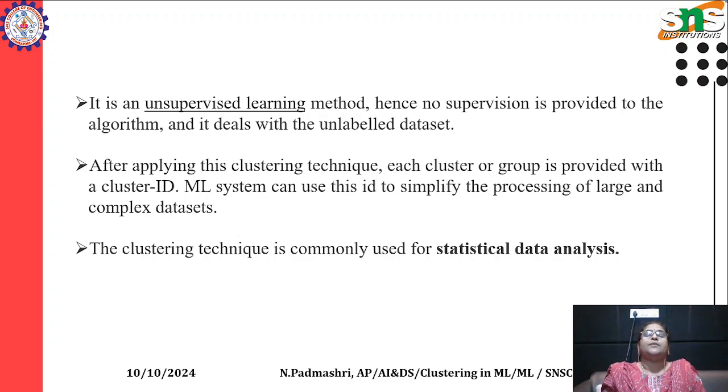So after we give the algorithm to the machine, after we apply the technique, each cluster or group is provided with a cluster ID. So what is the purpose of the ID? In order to identify the cluster, and it will be easy for the machine to classify it or to find it.